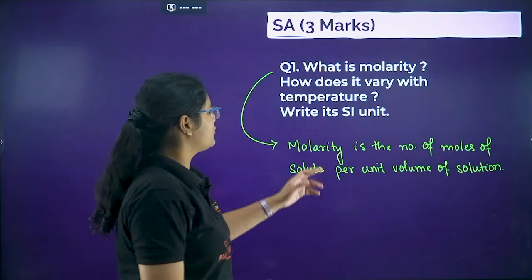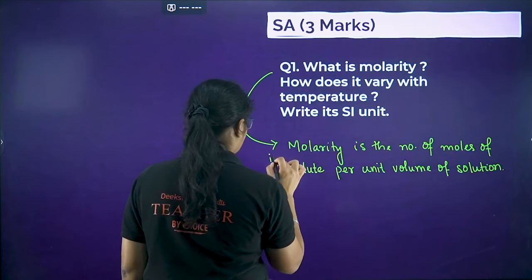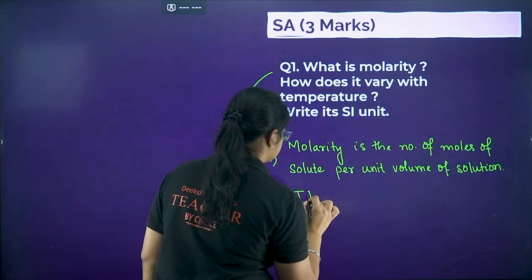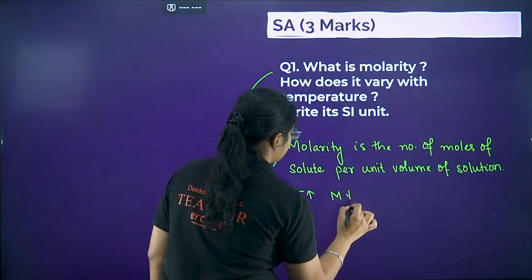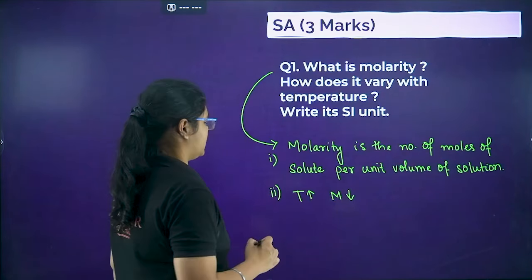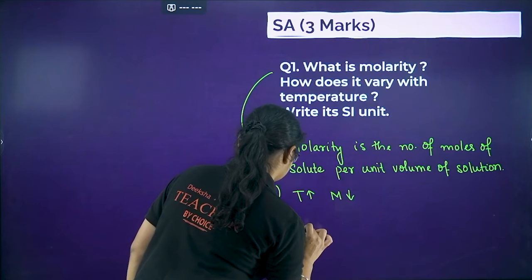Okay, next, how does it vary with temperature? So as the temperature increases, molarity will decrease. Why? Because as temperature increases, volume increases, and if volume increases, molarity will decrease. Now what is its SI unit? It is moles per liter.